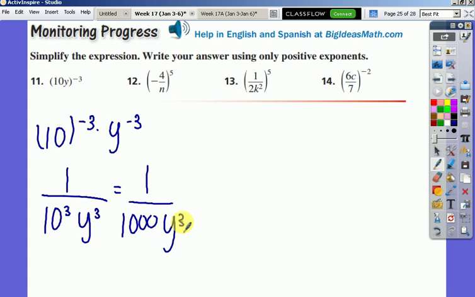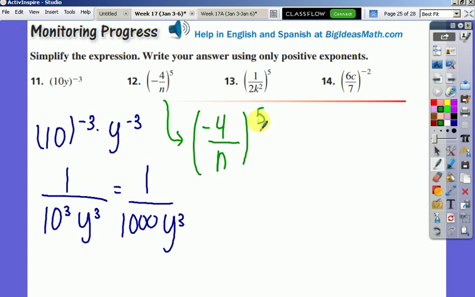Okay. The next one, we know we're going to end up with a negative here. And also, you know, for this fraction to be negative, only one of them has to be negative, right? So you can think of it like this if you wanted. You could put the negative with the n or the 4. Raise that to the fifth.